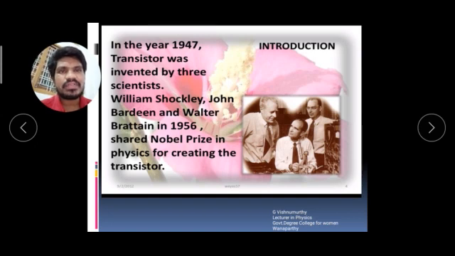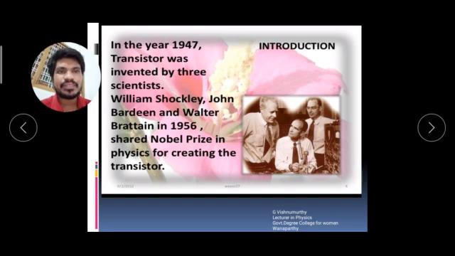In the year 1947, the year of the freedom of our country, the transistor was invented by 3 scientists: William Shockley, John Bardeen, and Walter Brattain. They shared the Nobel Prize in Physics for creating the transistor, because the transistor is the most important element in any electrical circuit, because of its higher quality of conduction of current.